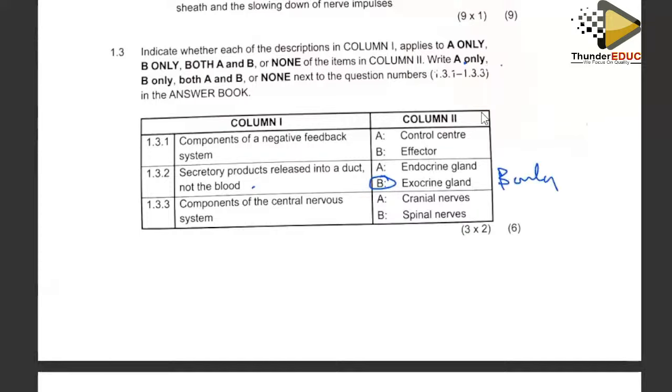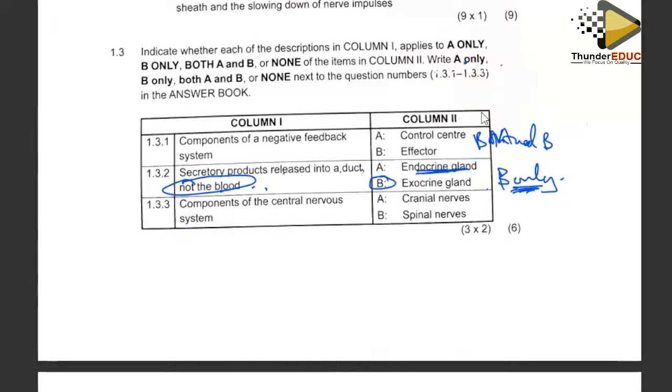B only. Why did you say A and B, with the words both A and B? B only, because the endocrine gland releases its secretion into the blood. You understand? But they're saying it releases into the duct, not blood. So the ones which release into the duct, we call them duct glands. Those are the exocrine glands. However, there are some glands which are both exocrine and endocrine, but they are not talking about those glands. They're just specific to that. So it becomes B only. B becomes the most correct answer.